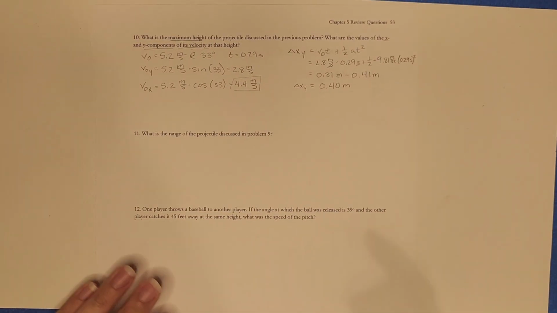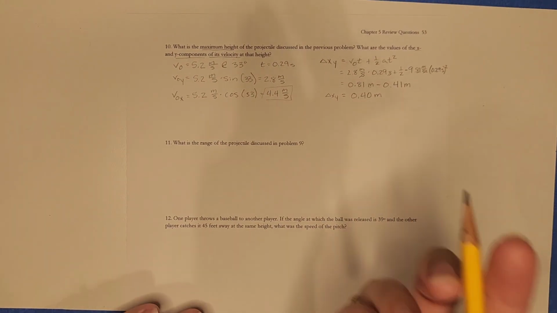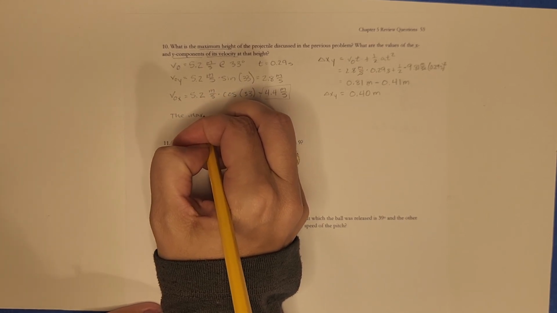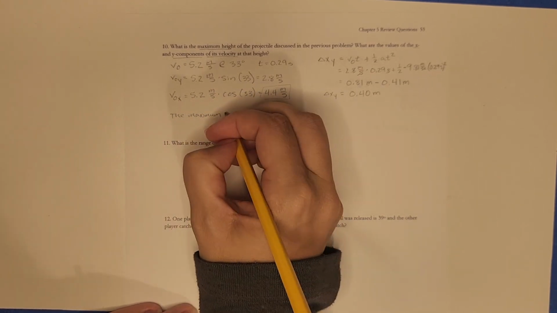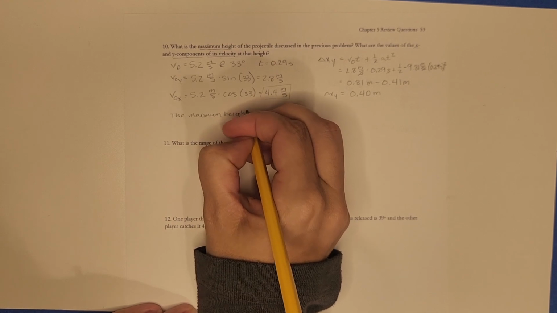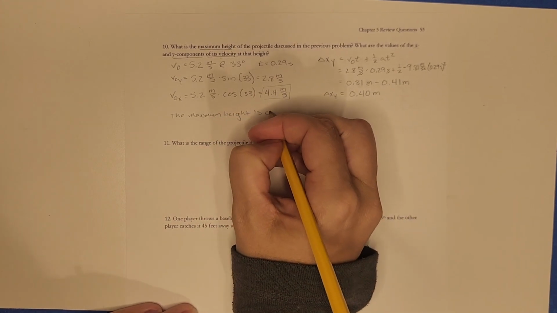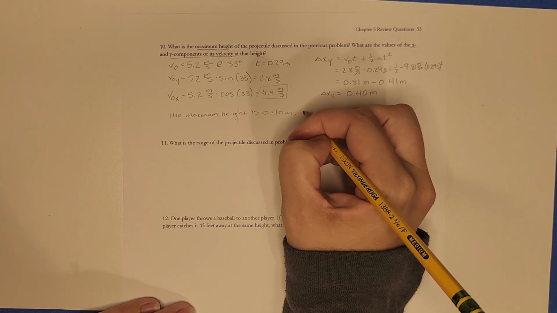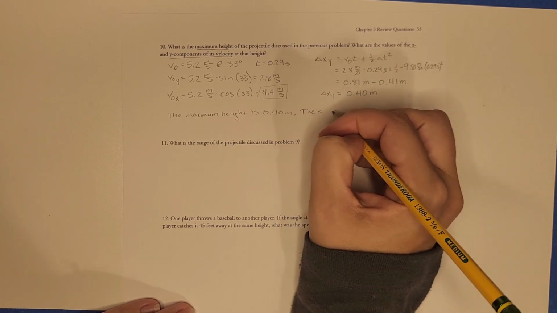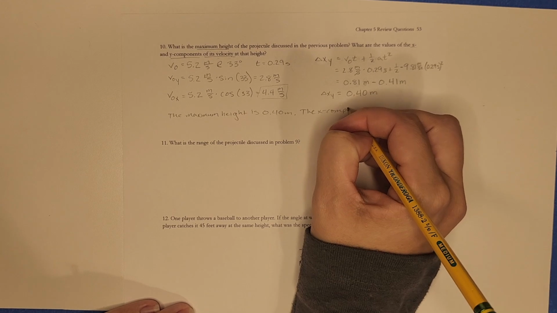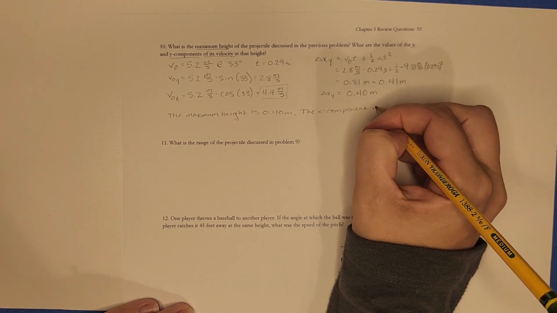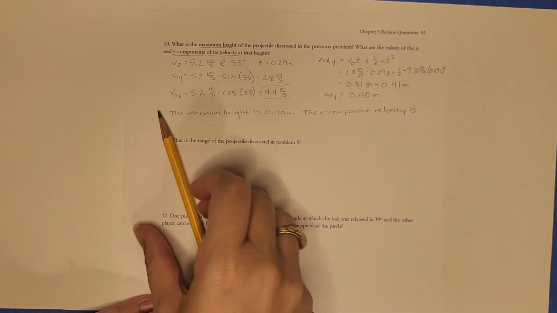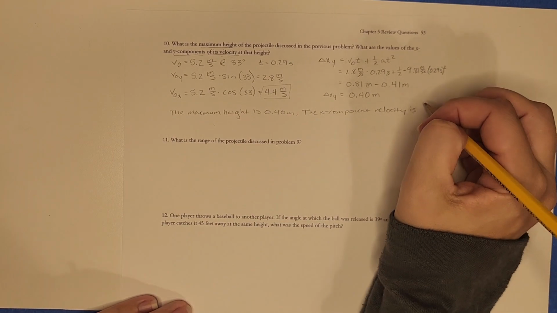So now we can write in our final answer. The maximum height is 0.40 meters. The x component velocity is 4.4 meters per second.